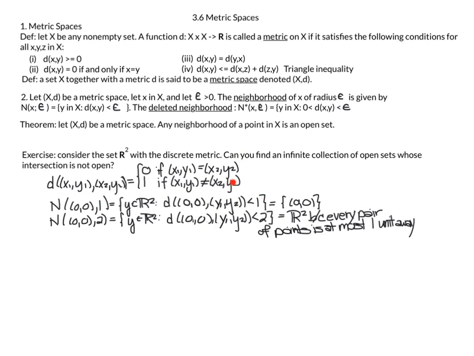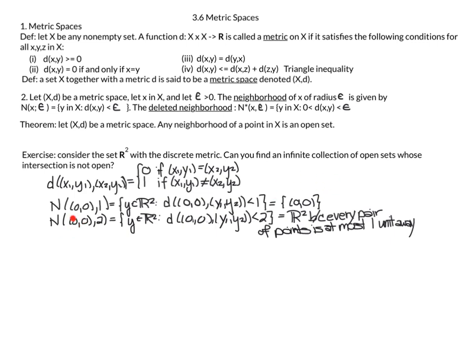And here, the only points that have a distance less than 1 are those where the distance is 0, and that's when y1, y2 is equal to 0, 0. So it's our single point 0, 0.